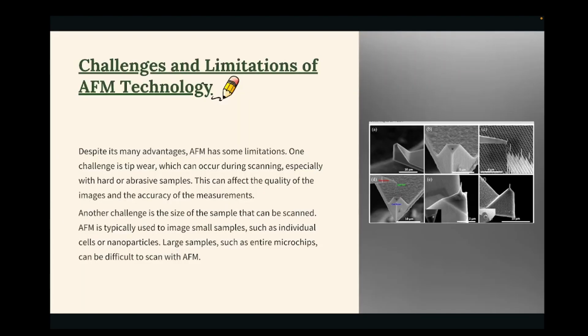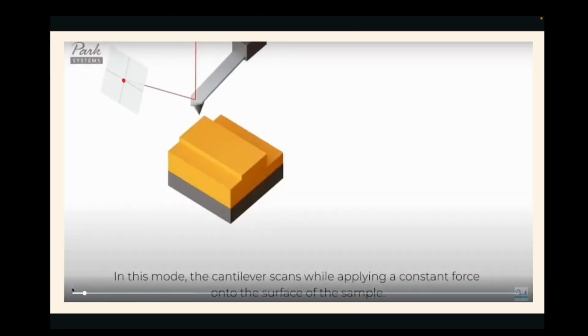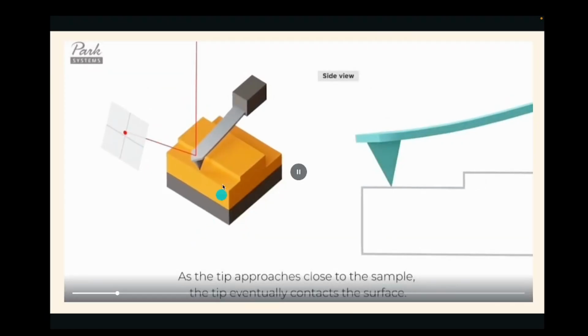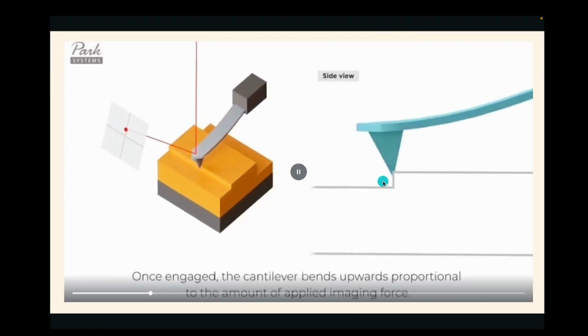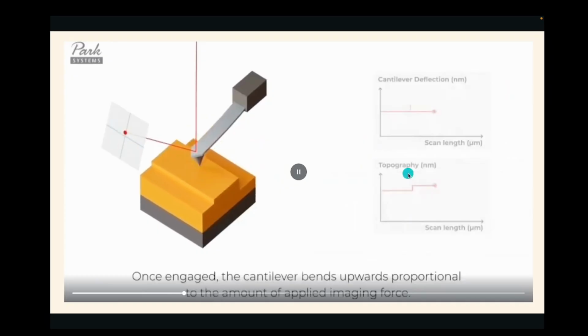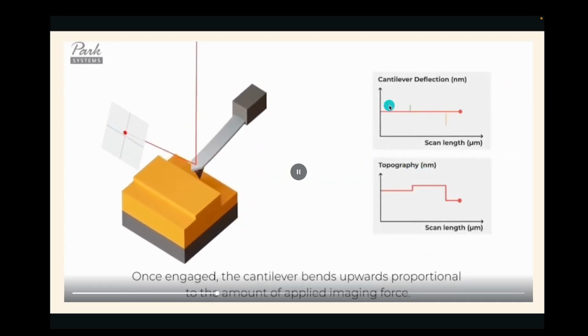In the upcoming slides, we have a video showing how the atomic force microscope works in contact mode. So this is the probe. You can see it is moving continuously, in contact with the surface, and this is the graph which is generated.